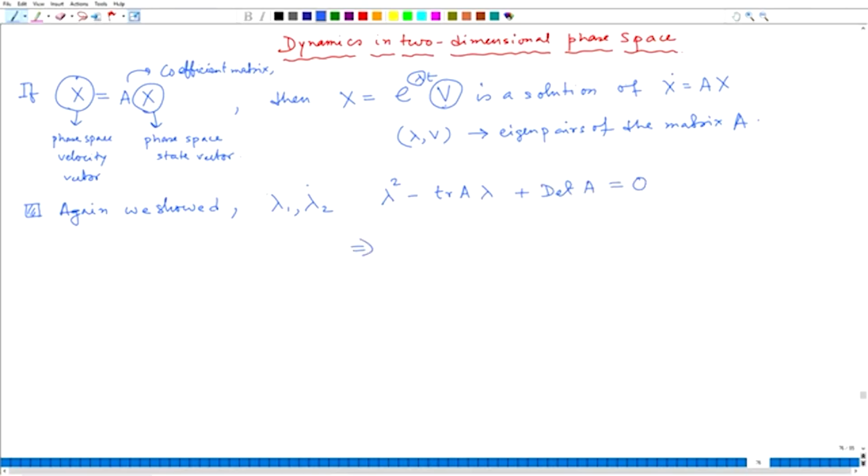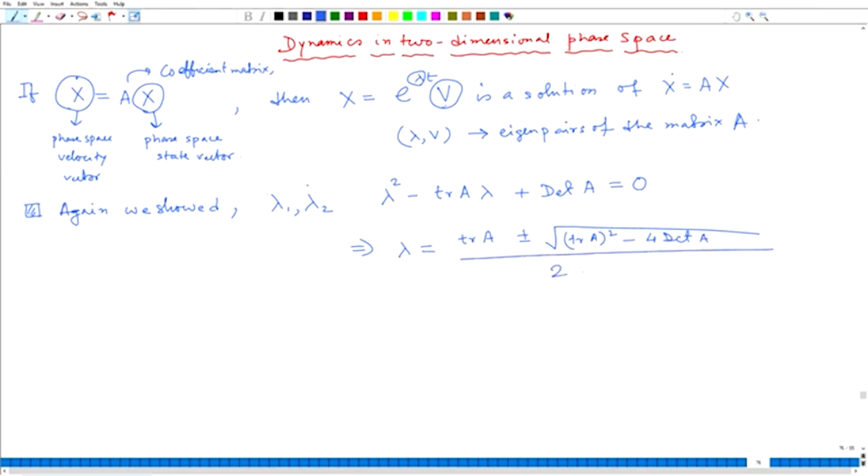And from that one can also write lambda is equal to trace A plus minus root over trace A whole square minus 4 determinant of A, by 2.